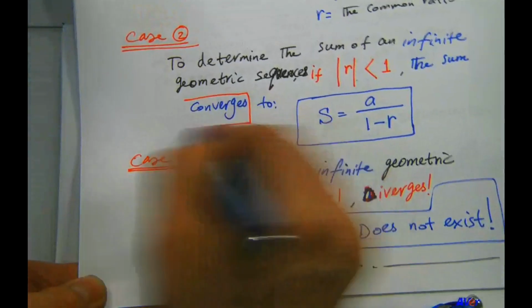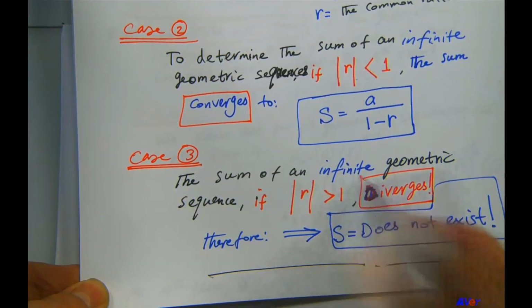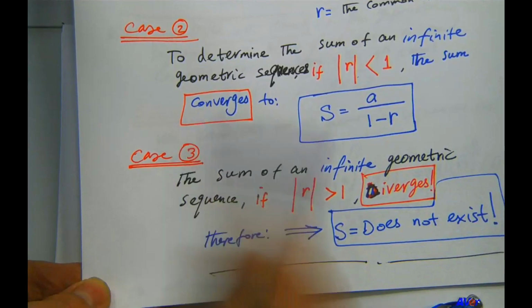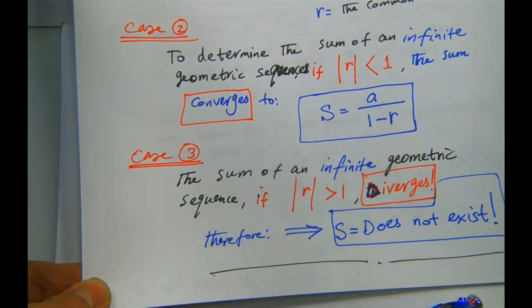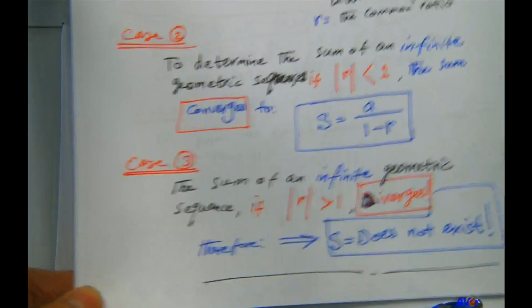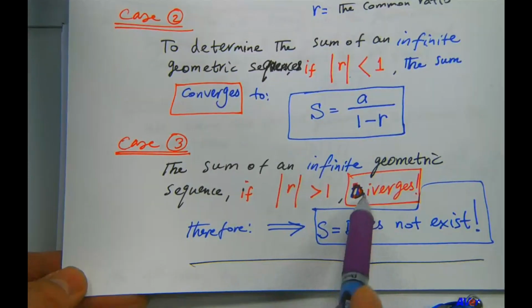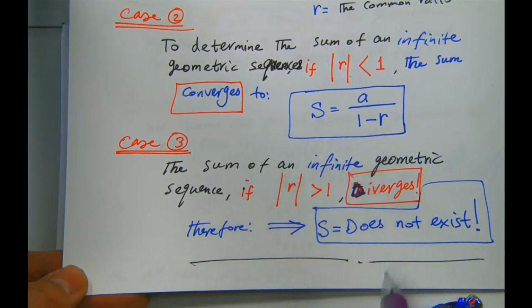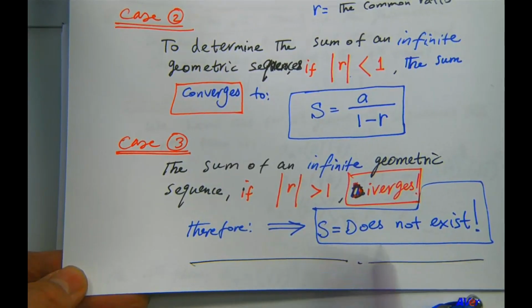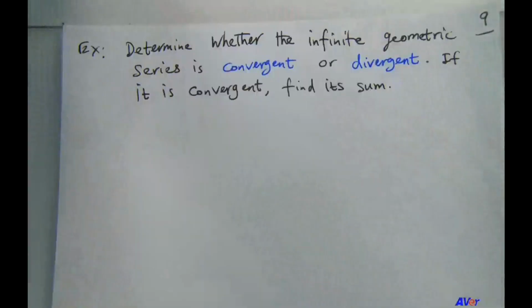Let me box that, converges, and that one diverges. So if it converges, we can find the sum using this formula, a over 1 minus r, for an infinite geometric sequence. If it diverges, then we don't have to bother using any formula. The sum does not exist. Okay, this was on page 2 of the lecture notes.